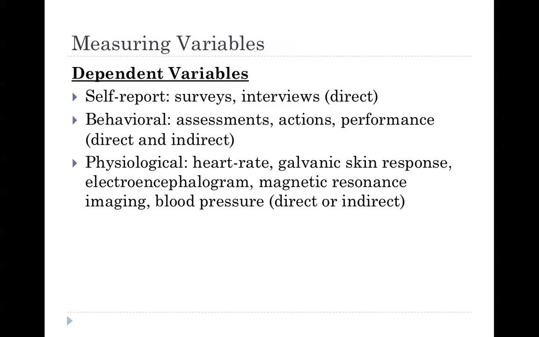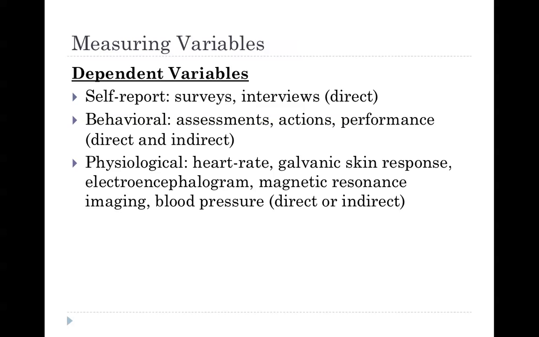But here, you're measuring the actual behavior of an individual. So it could be a direct observation, where you're interested in directly measuring the behavior you're observing, or you're defining some other construct through the behavior that you're actually measuring. So while self-reports are always direct measurements, behavioral is going to be direct or indirect.